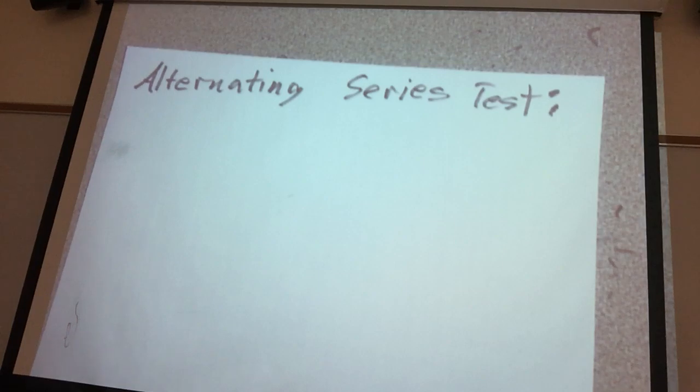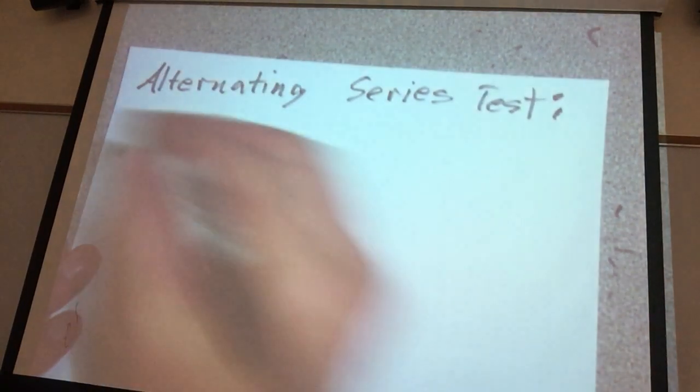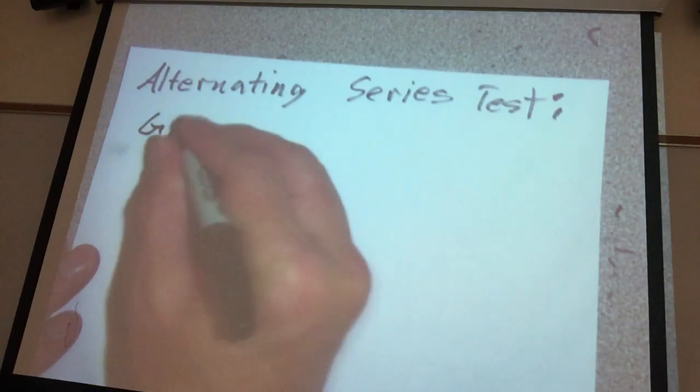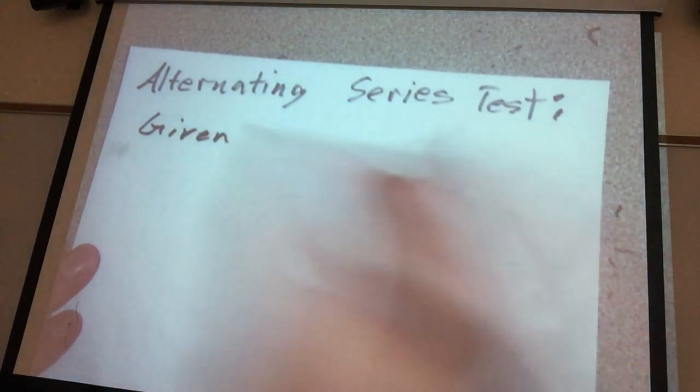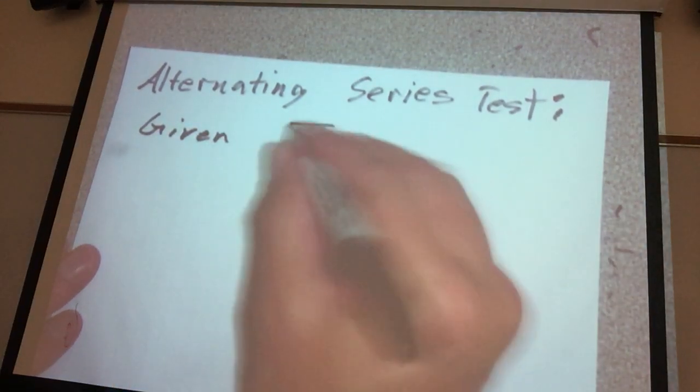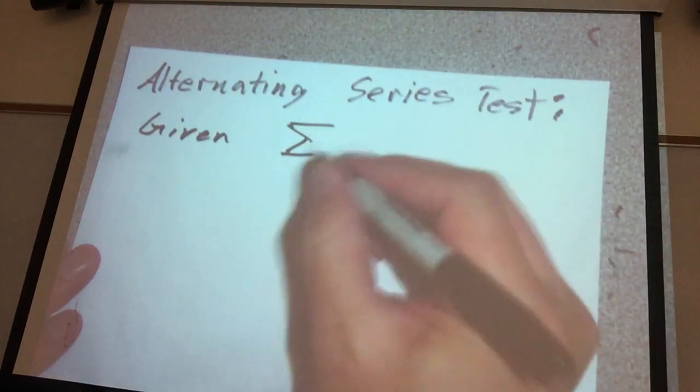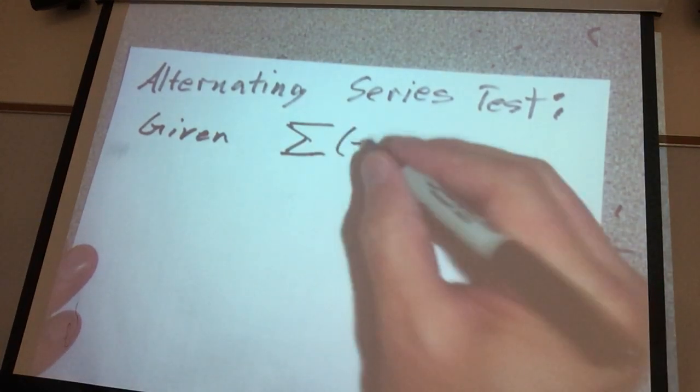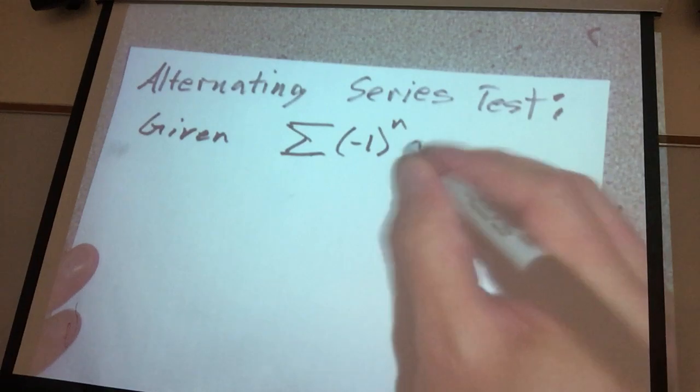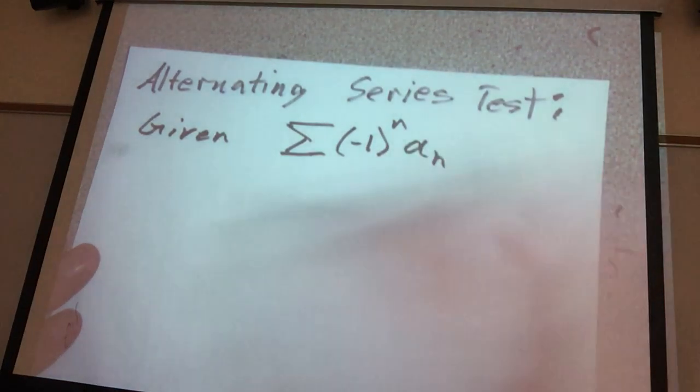Okay, so the alternating series test says that if you're given some alternating series, the sum, I'm going to leave indices off on this one, of (-1)^n a sub n, okay?